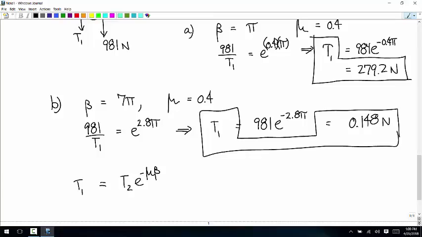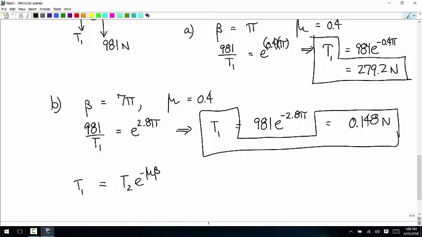But the cable tension does change as you go along the cable, and so I think that the friction at each point is determined by the tension in that part of the cable. So whenever you see an exponential relationship between variables like this in engineering and physics, it usually comes from a differential equation, and I think that's where this came from.